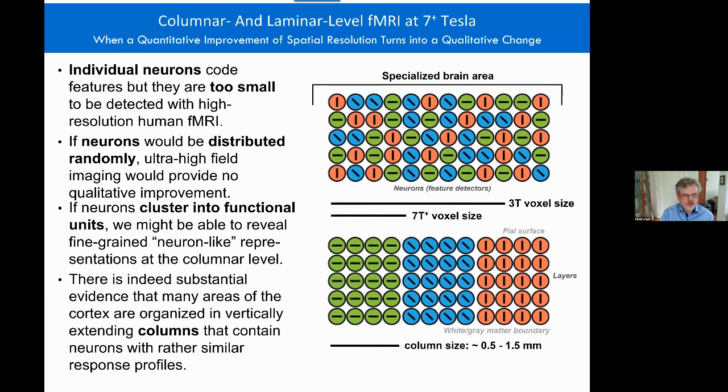Being able to resolve such columnar feature clusters allows us to measure the coding principles inside small specialized areas, as opposed to measuring the response properties of the mean activity of a whole cortical area.